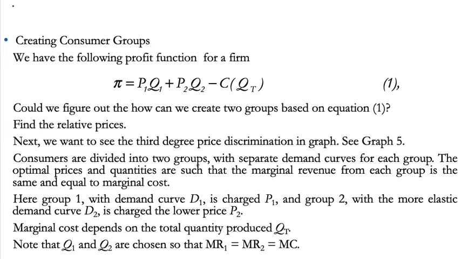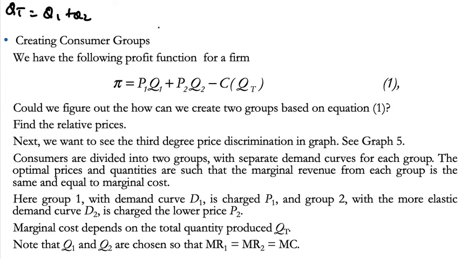If you see QT here, it refers to Q1 plus Q2, quantity sold to group 1 plus quantity sold to group 2. So the profit comes from selling to both of the groups minus the total cost. Now, how to maximize profit when we want to charge different prices here?